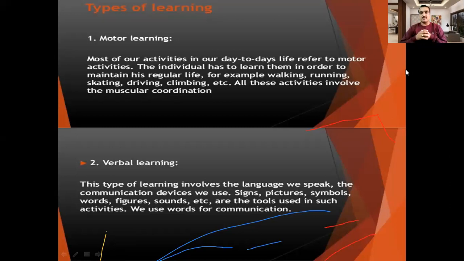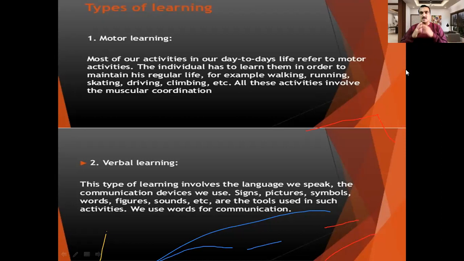Say for example, if I wish to walk from one place to another, or complete 1 kilometer of walking, right now it is a pandemic situation and we cannot move outside the home, but still walking, running, skating, driving, and even climbing. Any activity needs the support of muscles, the coordination of the muscular as well as the glandular elements.